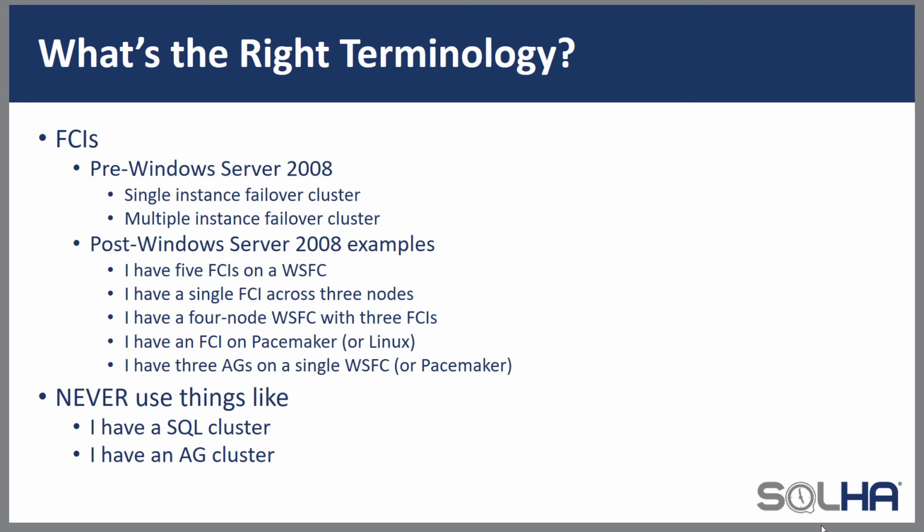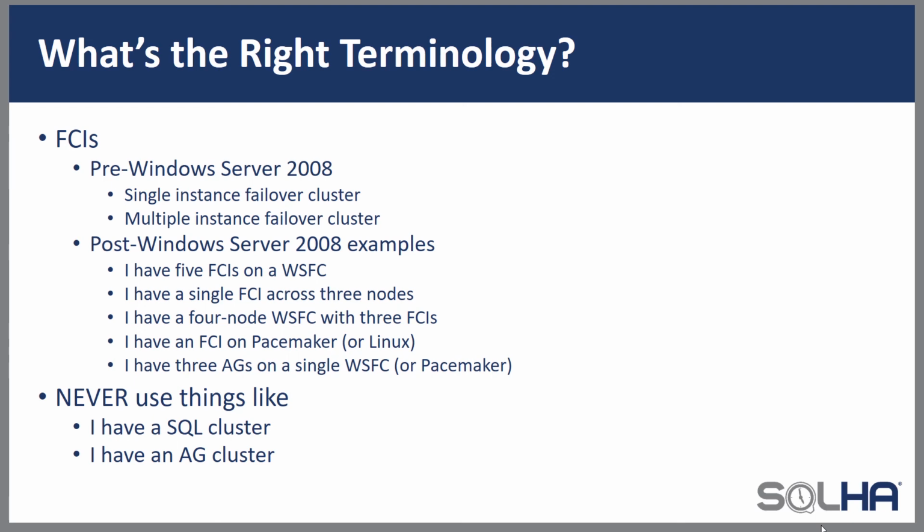Now, AGs complicate this because they also can run on a cluster. So you say things like, I've got 3 AGs on a Windows Server failover cluster. That makes sense. Now you could go into the node configuration and it's only running on nodes 1, 2, and 4 or whatever, but the point is you've got to be very specific here.